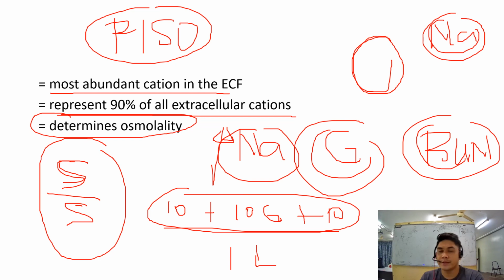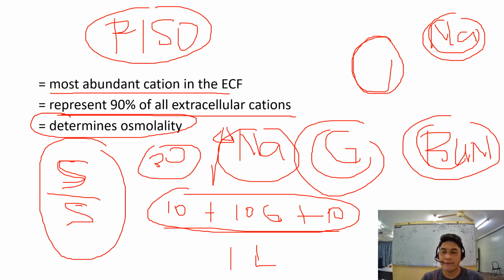So 10 plus 10 plus 10 is 30. 30 divided by 1 is 30. So let's say this is the normal plasma osmolality, 30.